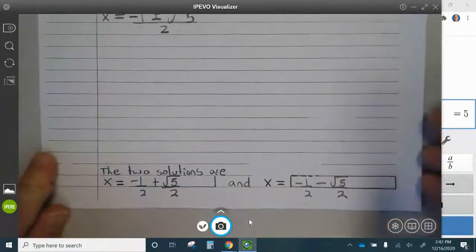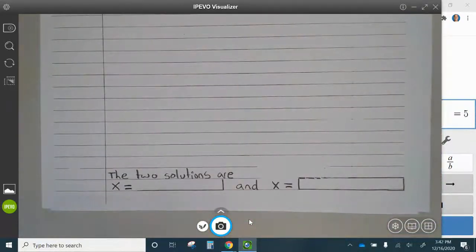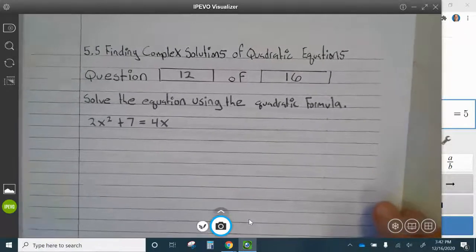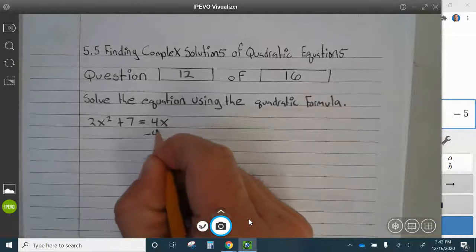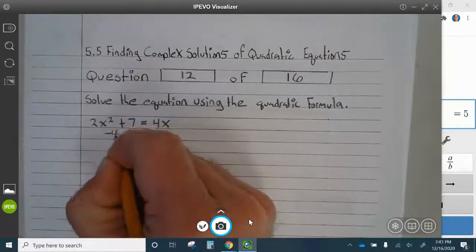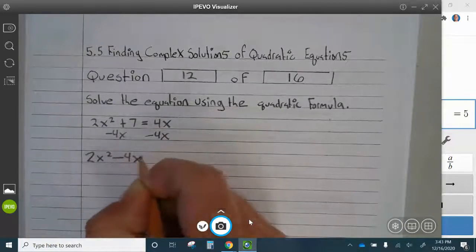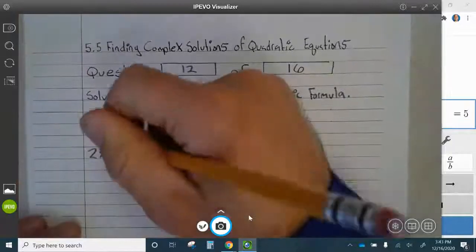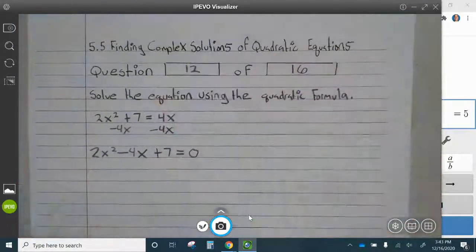Okay, let's take a look at the next question. All right, question 12 of 16. Solve the equation using the quadratic formula. Okay, so we're going to subtract 4x from both sides. So then you have 2x squared minus 4x plus 7 equals 0.